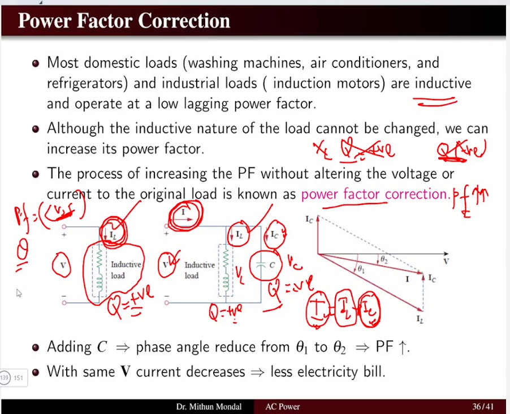Cos of 0 is equal to 1 and cos of 90 is equal to 0. We want close to 1, not close to 0, right? So that is the reason we are adding a capacitor in such a way that the current drawn by the capacitor is modifying the current drawn by the load, keeping the load current the same.